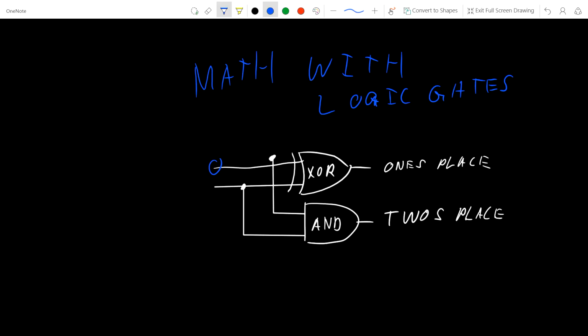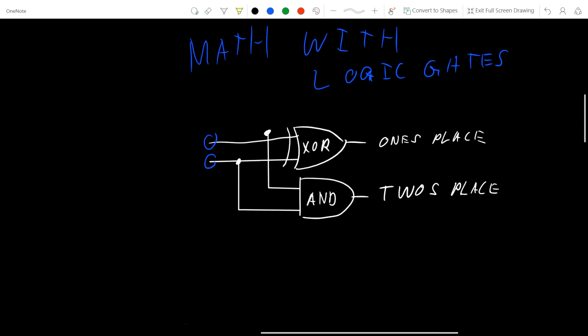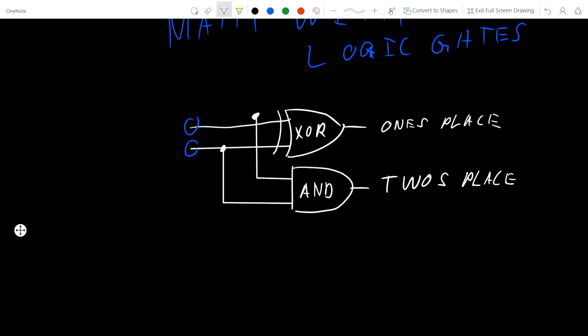Now, what we have here is two gates, an XOR and an AND. If we say that this top input right here is the first number that we're adding, and the second one is the second number that we're adding, we can start actually seeing that this will add two numbers.